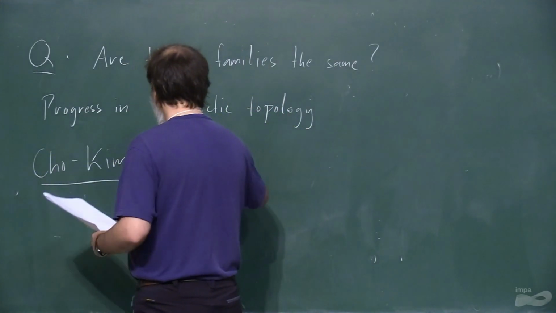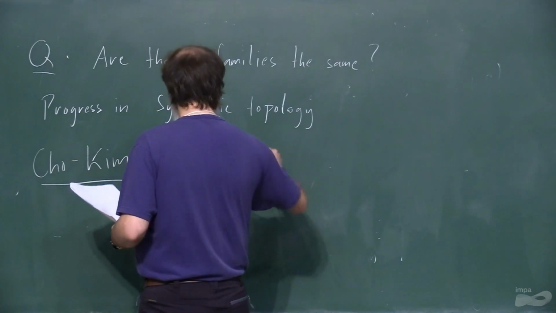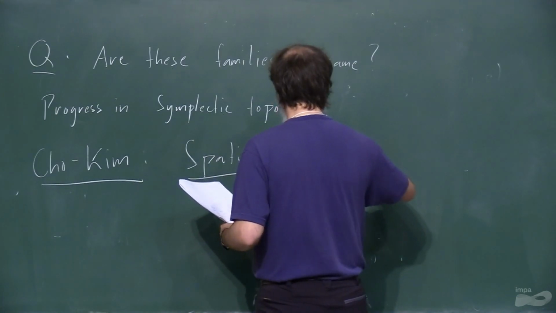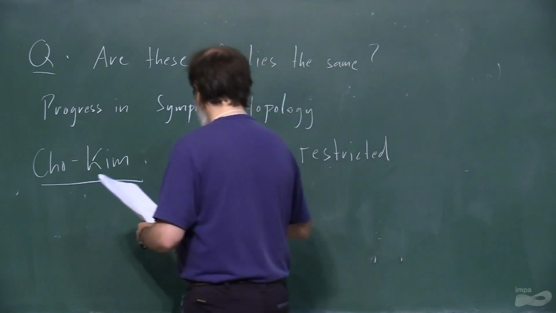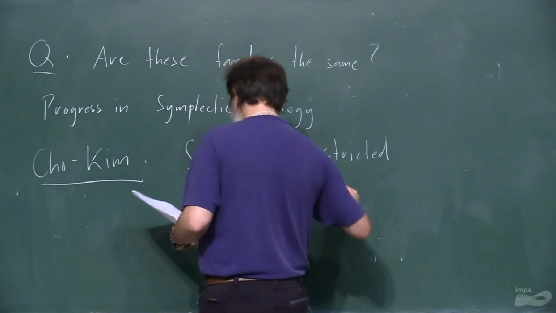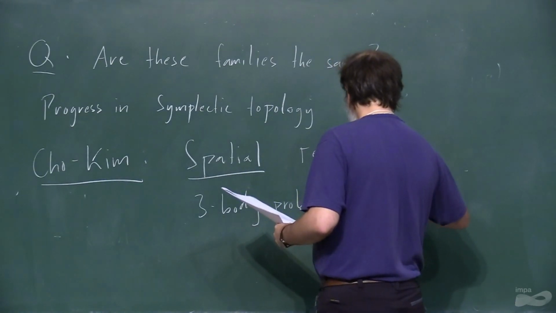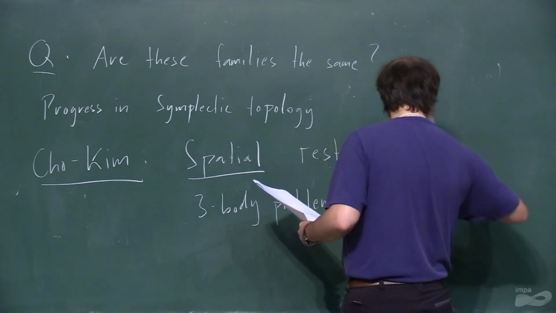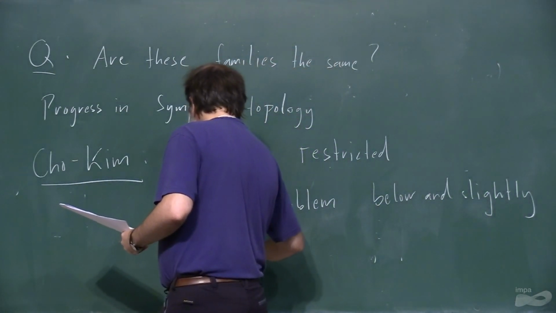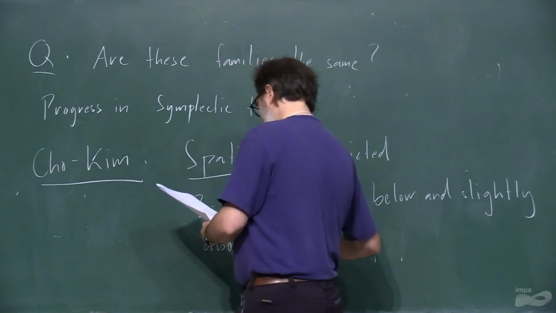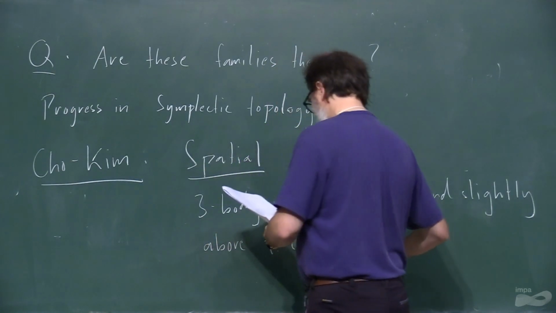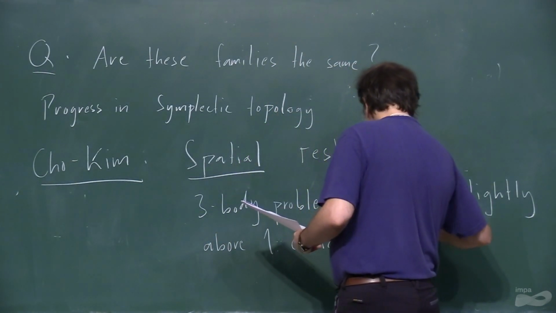So the spatial restricted three-body problem below and slightly above the first critical value is contact.